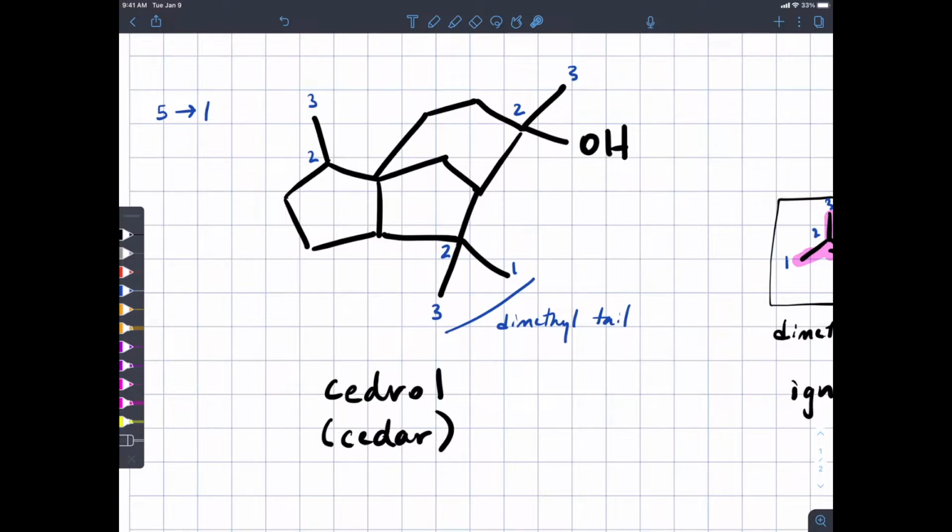One of the things your text points out, if you'll read the section on terpenes, it's quite good. There are often multiple ways to identify isoprene units, and as long as your way makes sense, it is right. And again, I know you're not comfortable with that ambiguity because it sounds like I'm saying, well, if your answer's right, it's right. So what do you want from me, right?